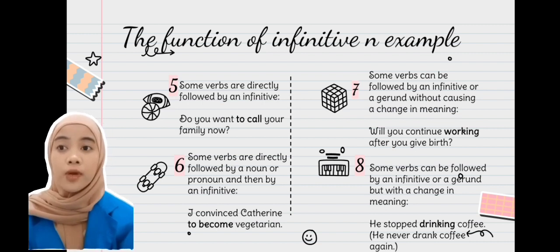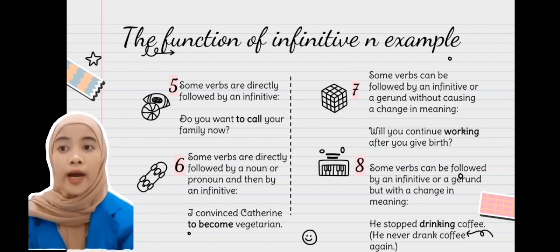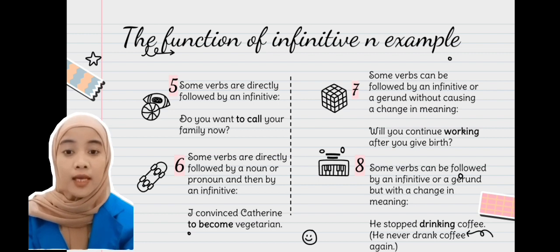Fifth, some verbs are directly followed by an infinitive. The example: do you want to call your family now? Sixth, some verbs are directly followed by a noun or pronoun and then by an infinitive. Example: I convinced Catherine to become vegetarian.